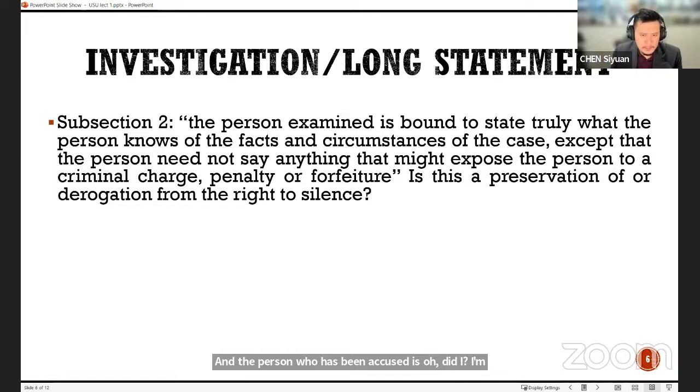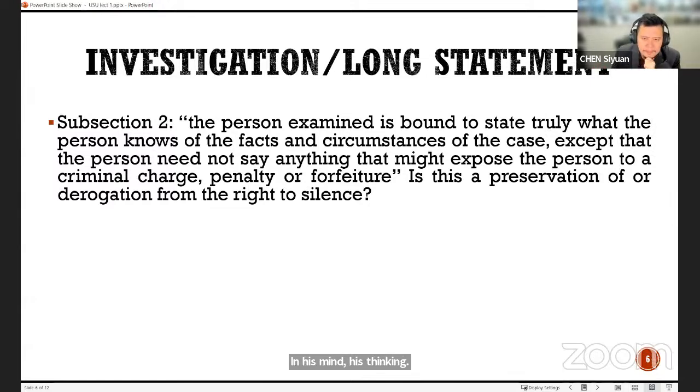But the other person is not satisfied. Said, no, you have committed outrage of modesty, you have molested me. I'm going to call the police. And when the person who has been accused is arrested, looking at this subsection, in his mind, he's thinking, look, I didn't commit anything wrong, right? It was an accident.